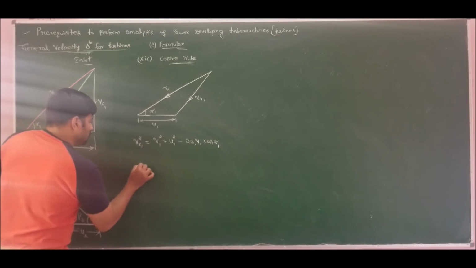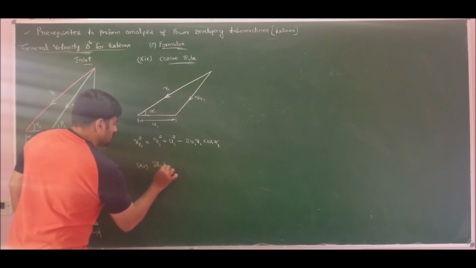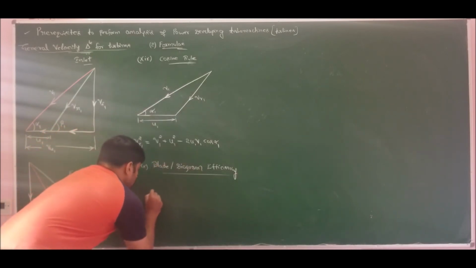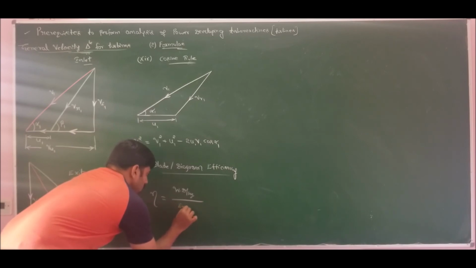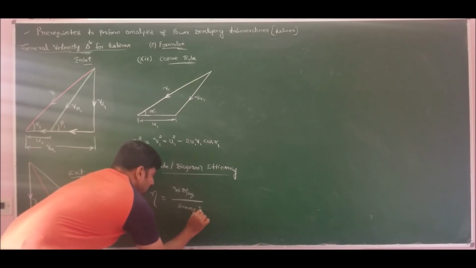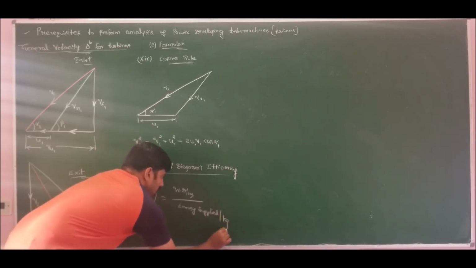Now moving for 20th one, that is blade or diagram efficiency. The general expression for blade efficiency is work done per kg divided by energy supplied, not energy transferred, energy supplied per kg.